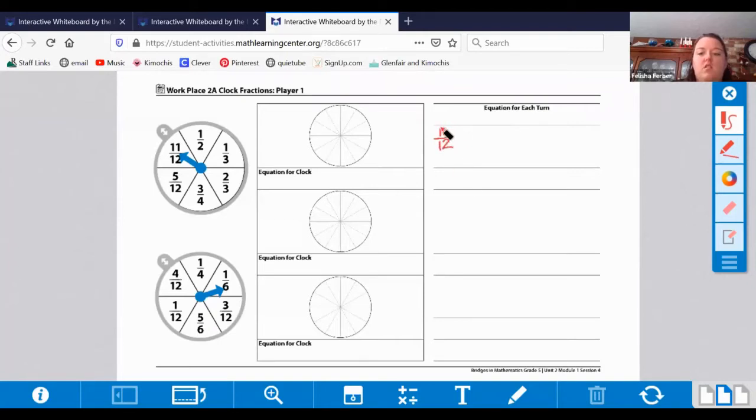Might be easy to use the typing tool as well. Plus 1/6 equals, so 11 twelfths.